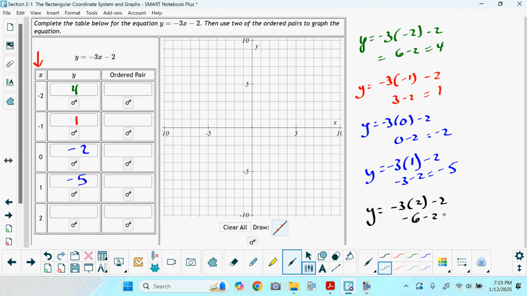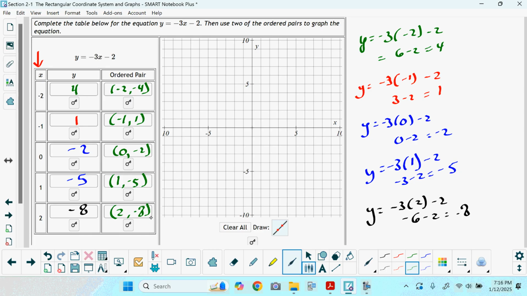That's -6 minus 2, which is -8. So I found all my y values that go along with it. Now I've got to write things as ordered pairs. So that's -2, 4, -1, 1, 0, -2, 1, -5, and then 2, -8.